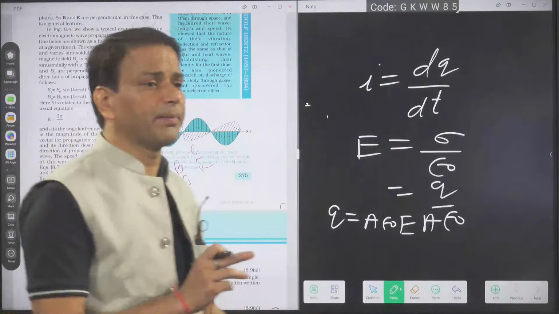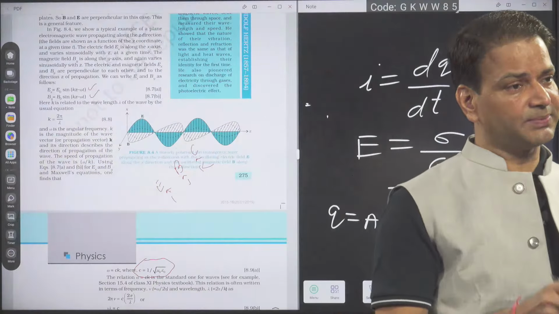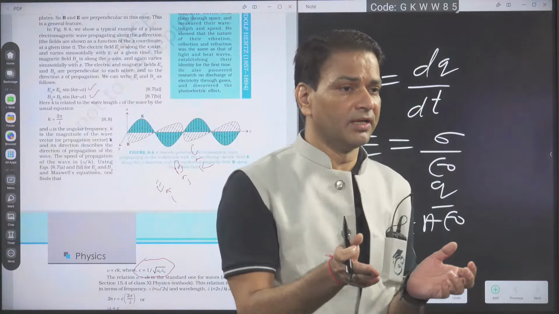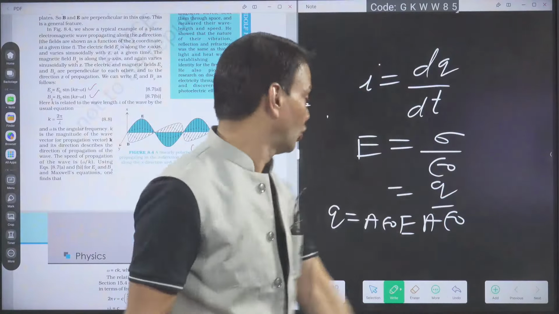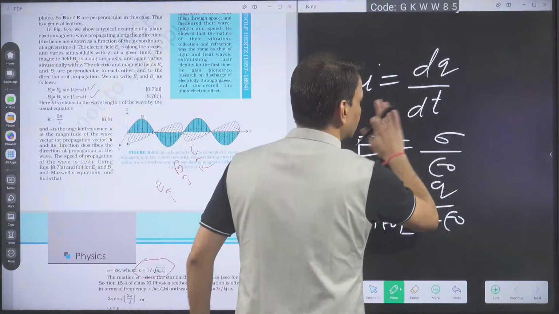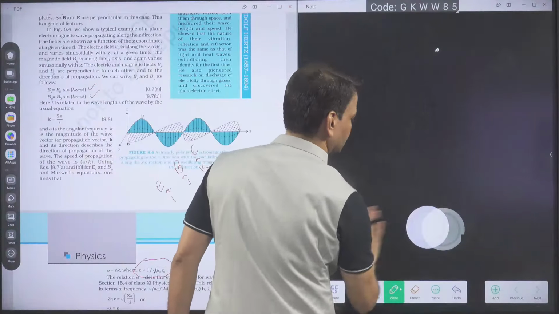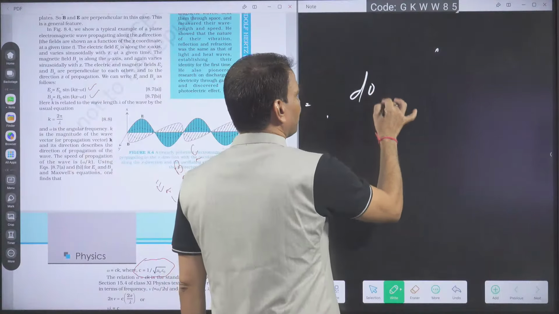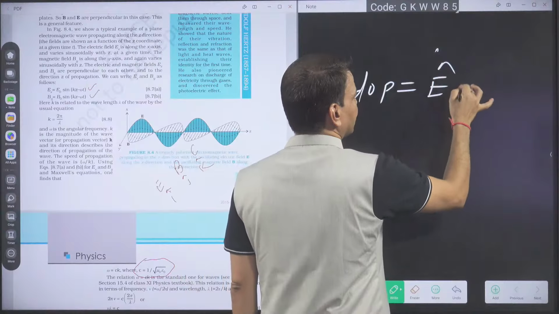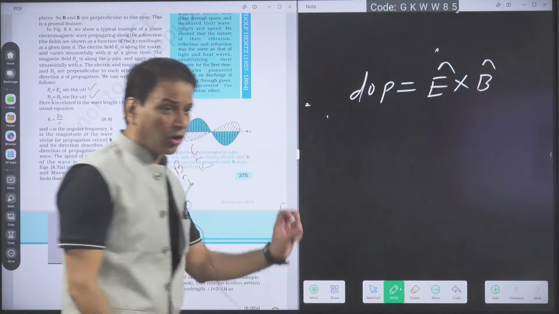So the direction of propagation of the wave is what? It is perpendicular to both E and B. So how do we give the DOP? The direction of propagation of the wave is E cap cross B cap. We cannot reverse it.